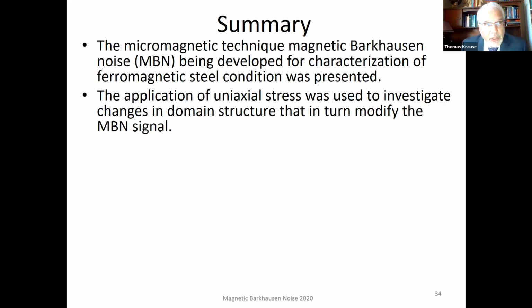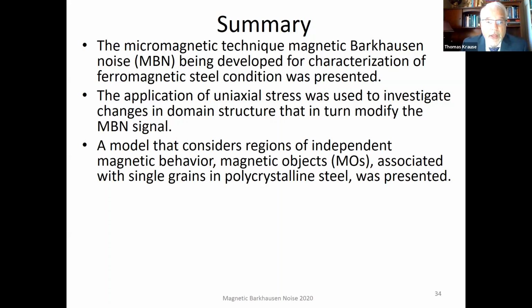So the application of stress tells us how the domain structures change, and the implications of this are that we should be able to characterize the magnetic properties of materials if we can put more information into our model, including grain size, texture, and so forth.